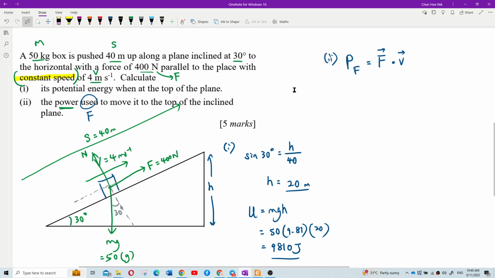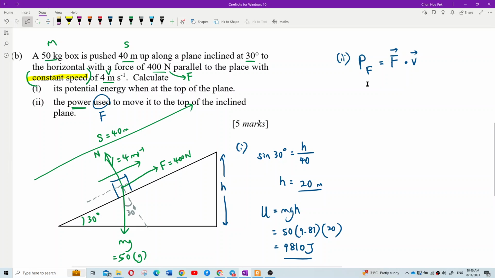That's why in our free body diagram, you need to draw the velocity. Then only can you get the angle theta. The formula for power is F V cos theta, whereas work done is F s cos theta.